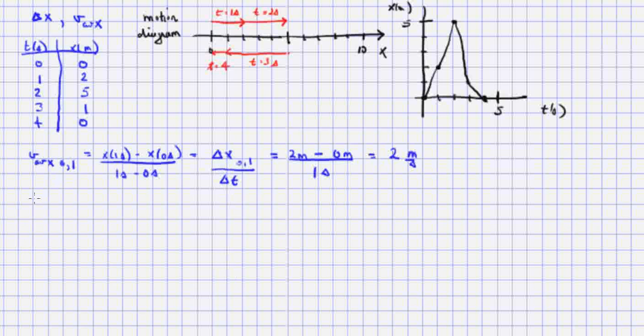So if I was to, for example, calculate the average velocity over the time interval from 0 to 2 seconds, that would be 0, 2.